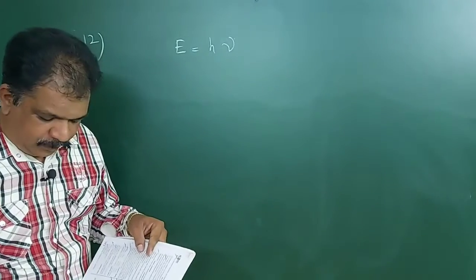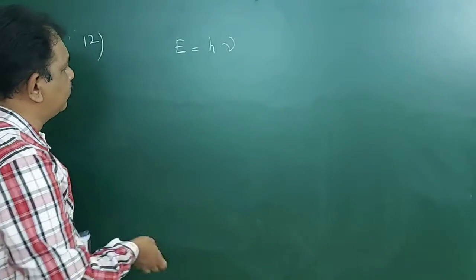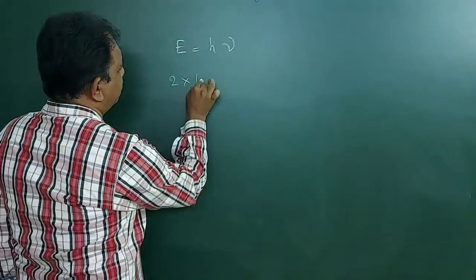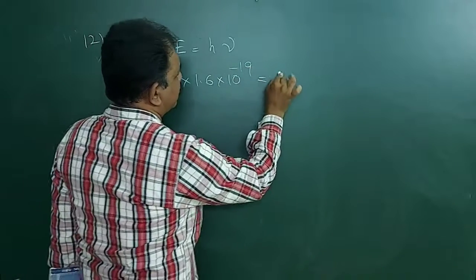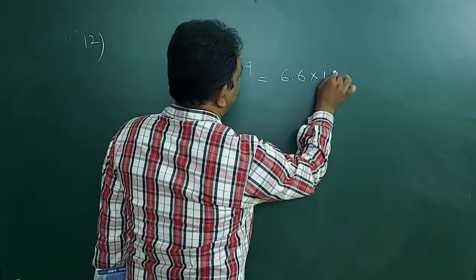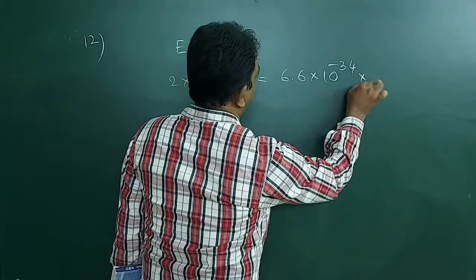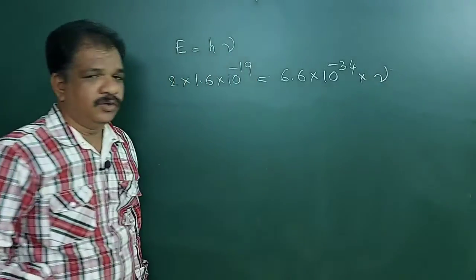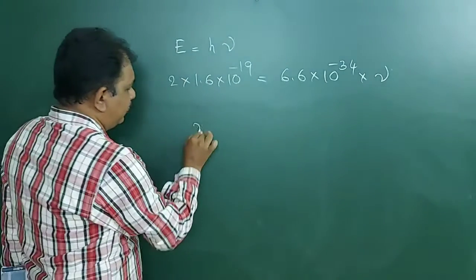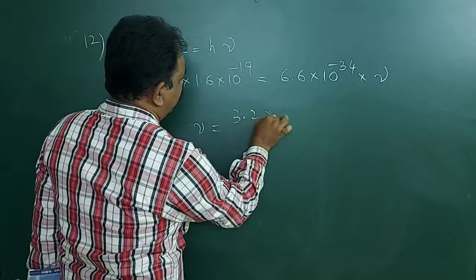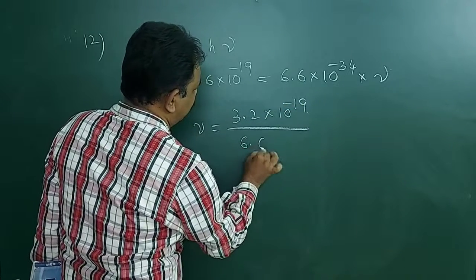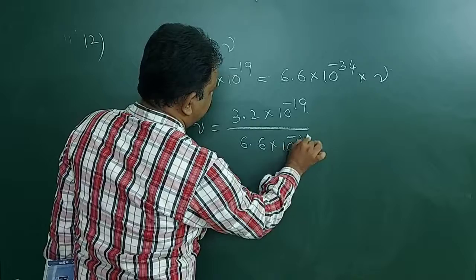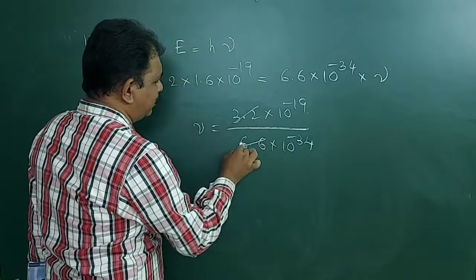E value will be 2 electron volt, 2 into 1.6 into 10 power minus 19, equal to 6.6 into 10 power minus 34 into nu. Then nu is equal to 3.2 into 10 power minus 19 by 6.6 into 10 power minus 34.